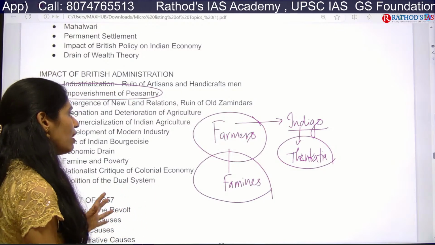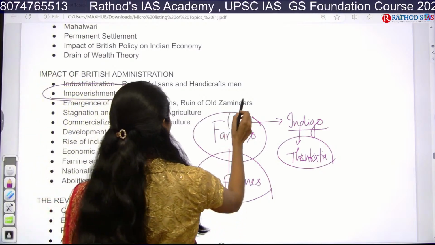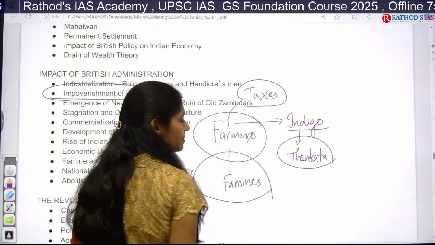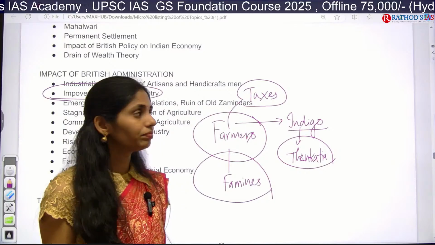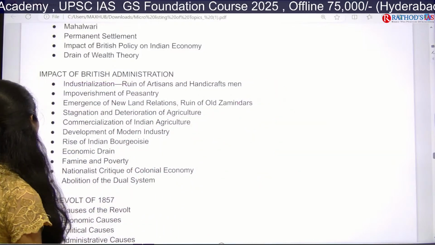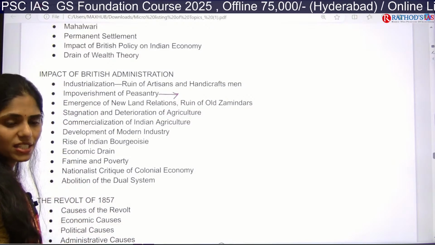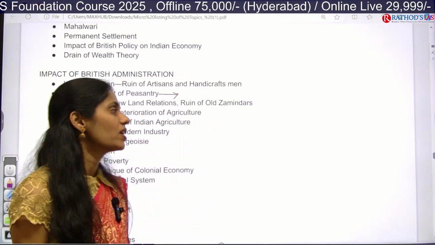And you have to see what are the problems faced by these farmers. They have to pay taxes to zamindars or ryots or mahalwaris, despite their agriculture produce. You have to see that, and you will also be studying peasant movements. One such famous one is the Moplah rebellion.